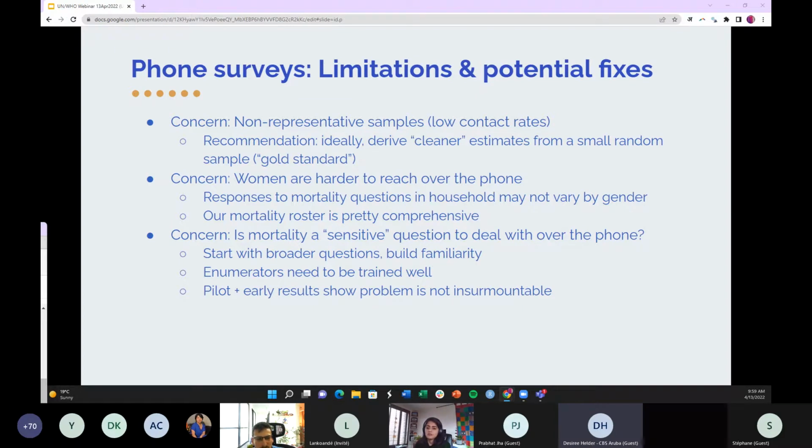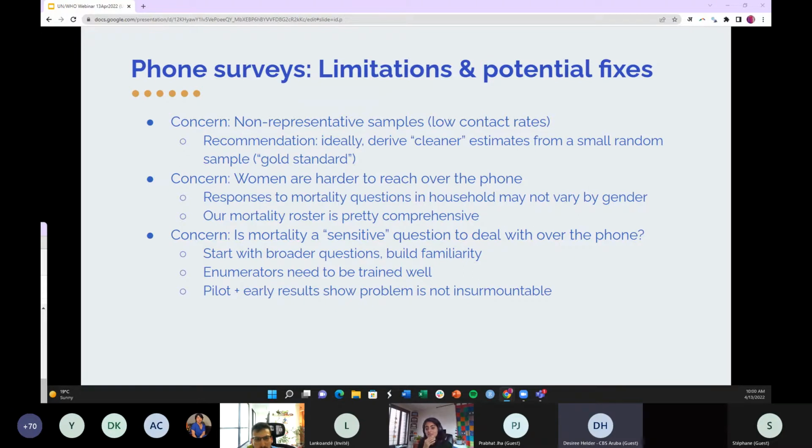Two other concerns. Of course, women are harder to reach over the phone, and this is something we know from the literature on phone surveys more broadly. But at least in our experience, we have realized the responses to mortality questions in the household may not vary by gender. We do have a fairly comprehensive mortality roster.